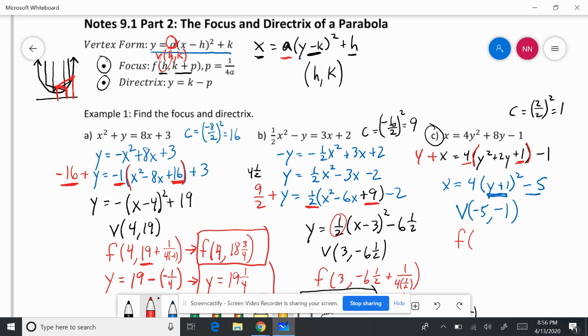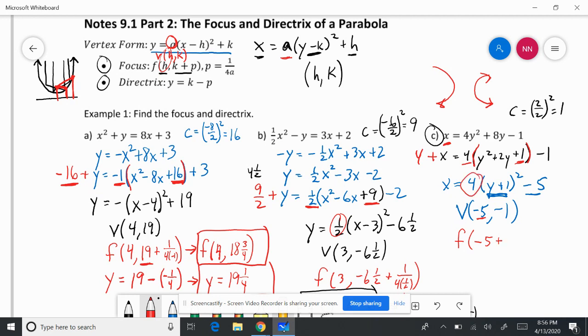Focus is going to change because it's no longer going up and down. Since it's x equals, it's now going to go left or right. Because it's a positive, that tells us it's going to go right, but we're not going to graph it yet. So when we're looking at this, we're going to be fixing our front number. So we're going to take this value right here, which is our h value, and we're going to add it.